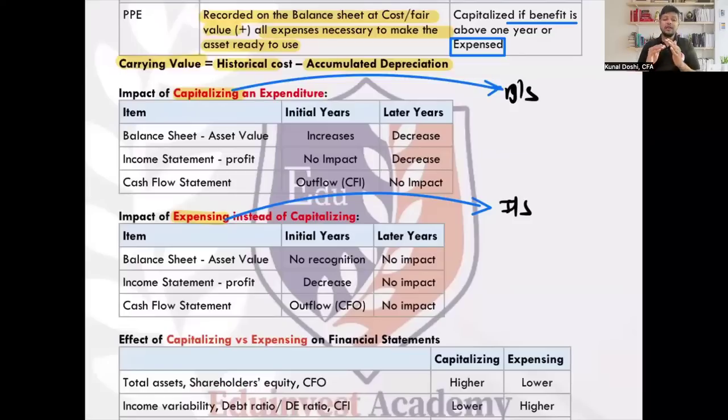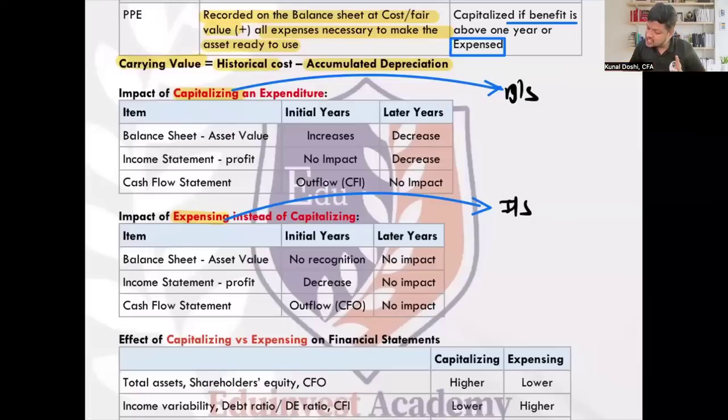But if you capitalize now, it does come into the income statement, but later on, in the form of depreciation. So capitalizing is actually pushing or delaying your expense recognition. Understood? Capitalizing is delaying your expense recognition. And because you capitalize, you put it on the balance sheet, what happens in the initial year?